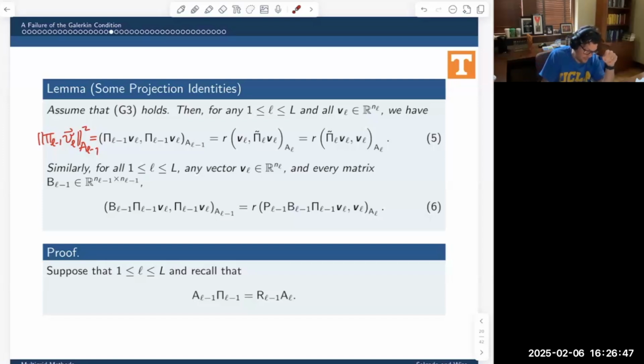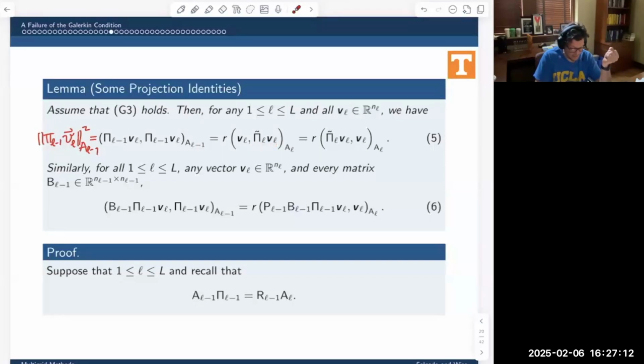So this and this are vectors of the same size, in R^n(L minus 1). Can I take the AL minus 1 inner product of them? The answer is yes, no problem. So this all works out dimensionally. But what about this? This is a square matrix, and this is a vector in R^nL. Is this compatible for matrix-vector multiplication?